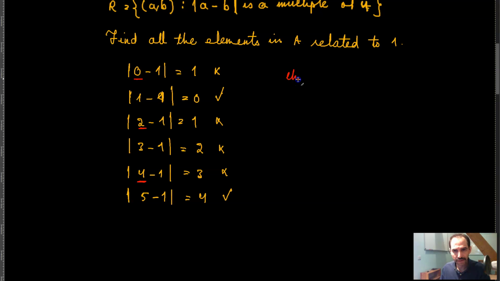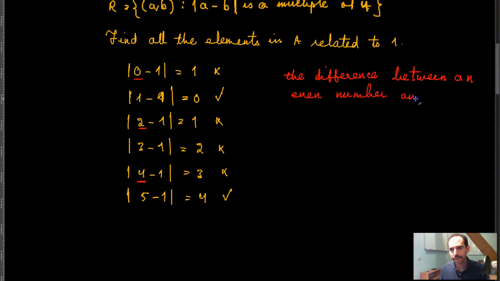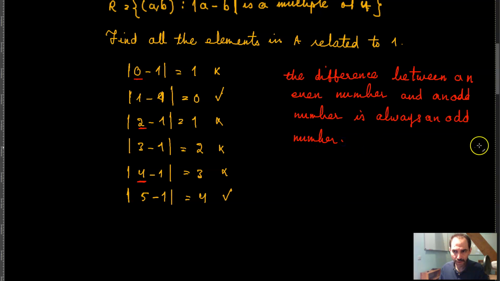because we said that the difference between an even number and an odd number is always an odd number, which is not what we are looking for.